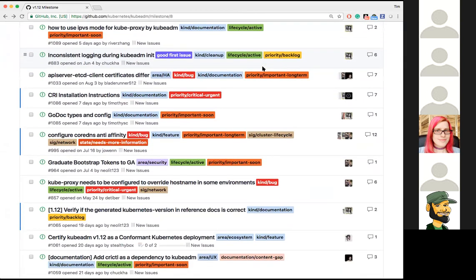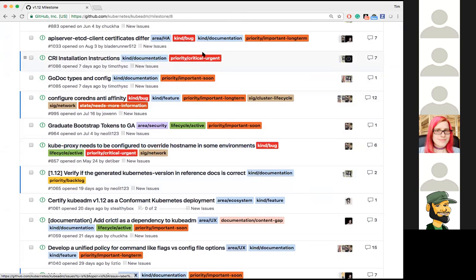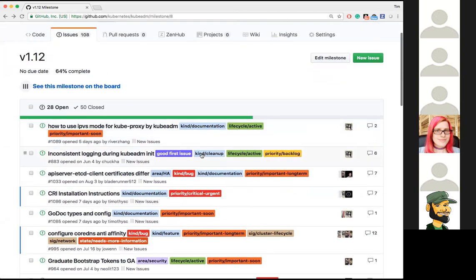In terms of you asking Jennifer yesterday if she can help, what tasks do you want to give her? Basically, any documentation updates that we have. We have a couple of documents that need to be updated, like the HA documentation. Anything that says kind documentation, assign Jennifer. Like the CRI instructions, updates to HA, and the 112 upgrade instructions.